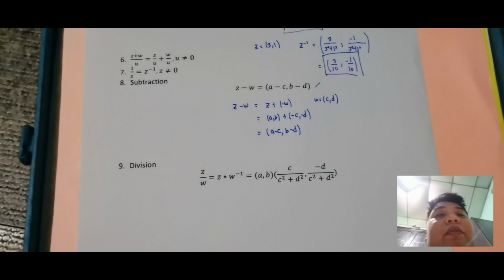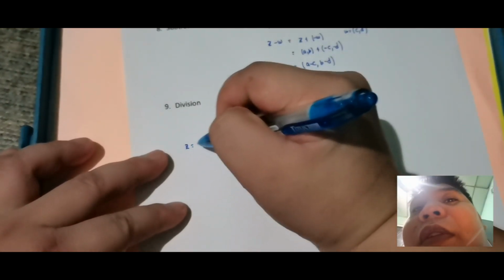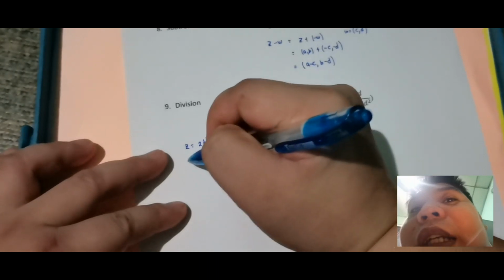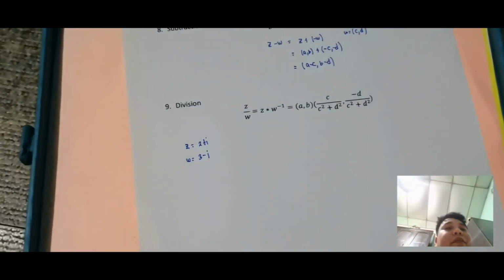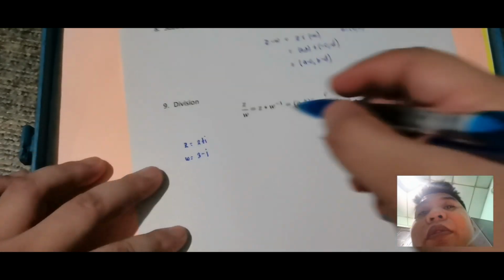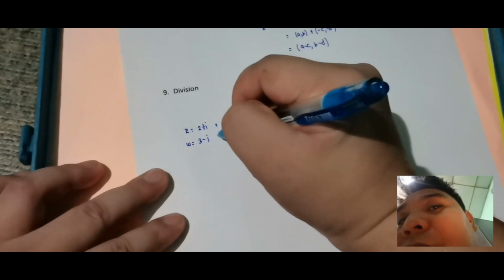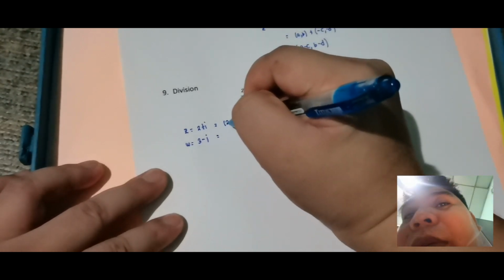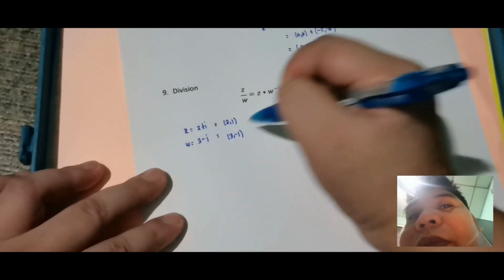Okay, so for example, para magawa na rin natin, let z is equal to 2 plus i, and w is equal to 3 minus i. Okay, so una kong gagawin, syempre, gagawin kong RCF yan. Okay, that is (2, 1), this is (3, negative 1).